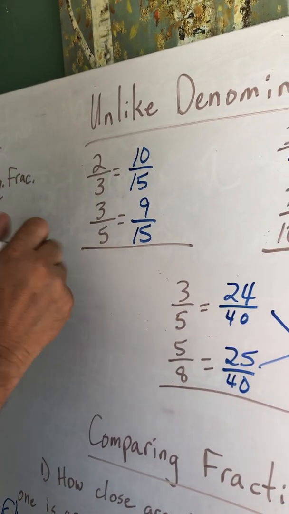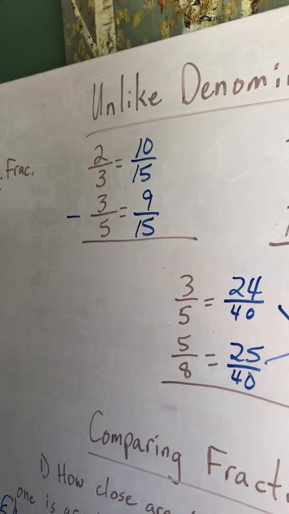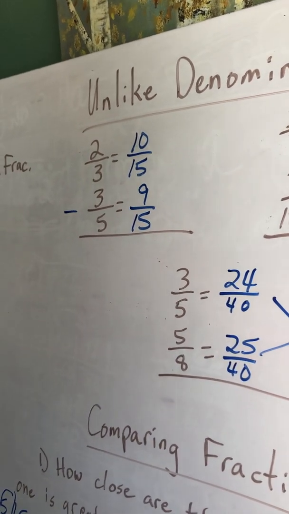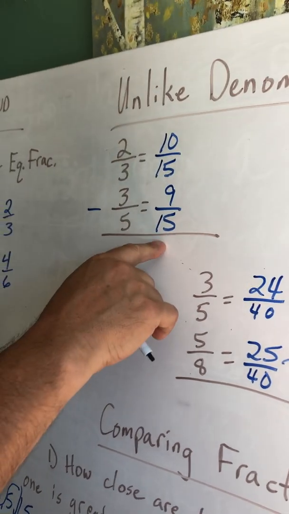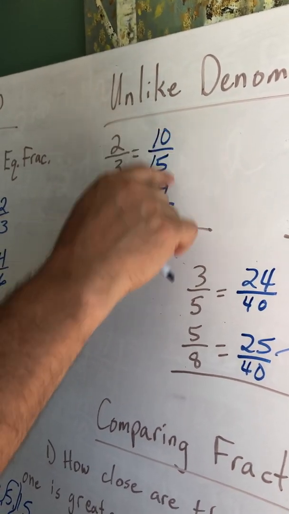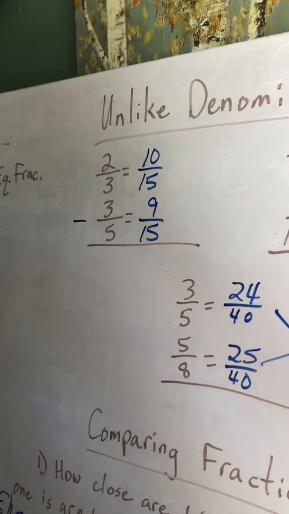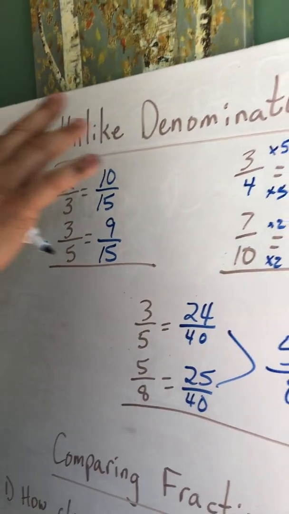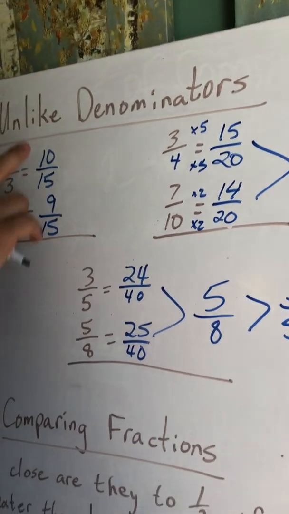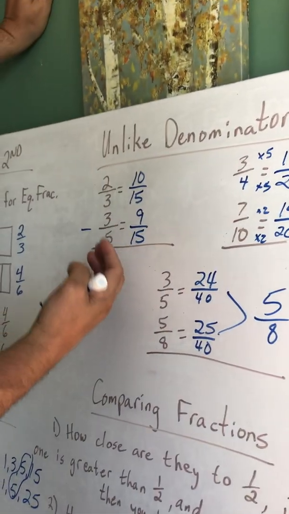And it also works for subtraction as long as the bigger fraction's on top, okay? So 10 minus 9 is 1, and the 15 stays the same.